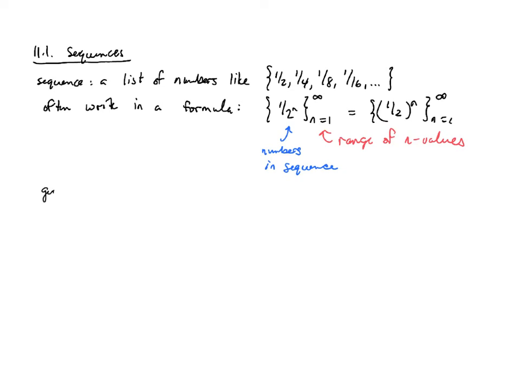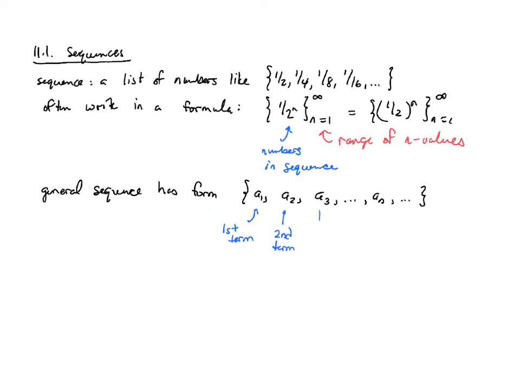A general sequence has the form curly brackets a1, a2, a3, ... Maybe you list out what a_n is using a formula and follow it up with ... And in this situation, the terms we use, a sub 1 is the first term, a sub 2 is the second term, a sub 3 is the third term, a sub n is the nth term, right?